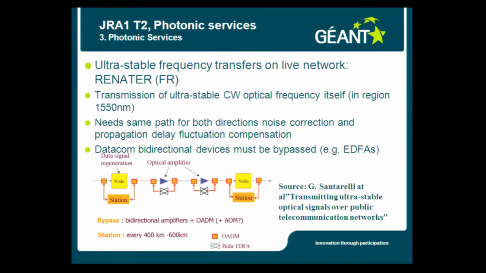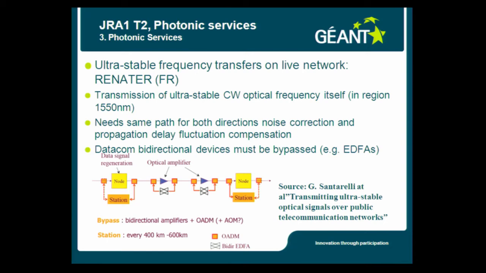There are different applications, especially this ultra-stable frequency. This was done in France, so Emily can tell you more details about it. Basically, it's transmission of continuous wave. It's just the frequency of photons.